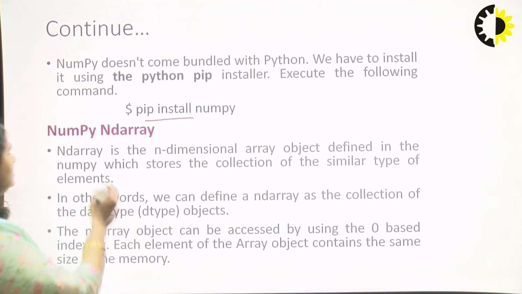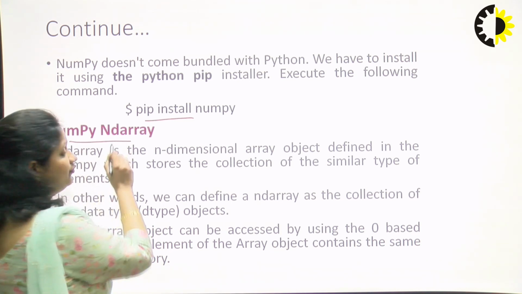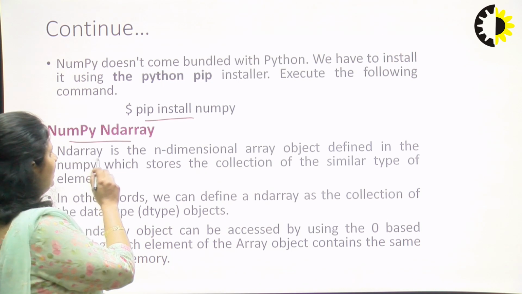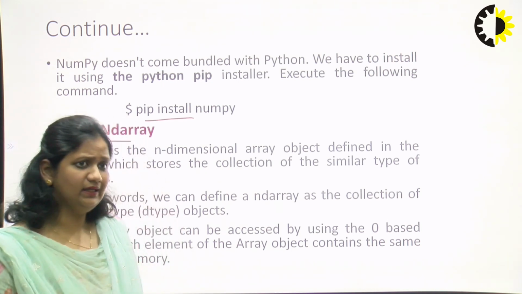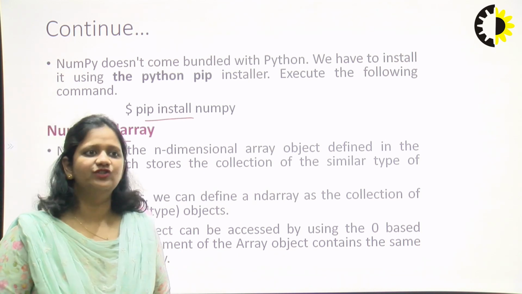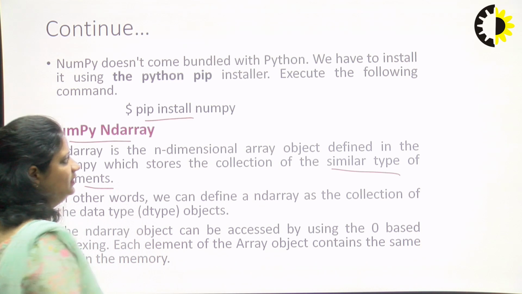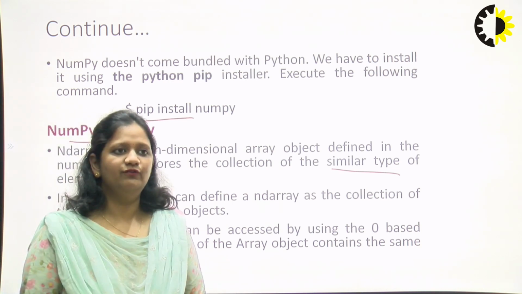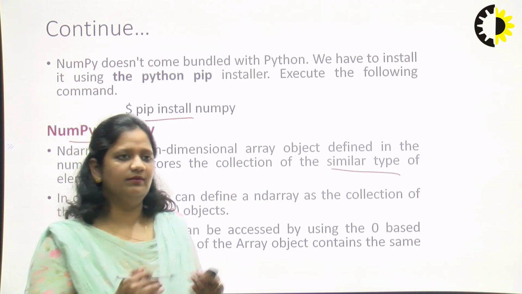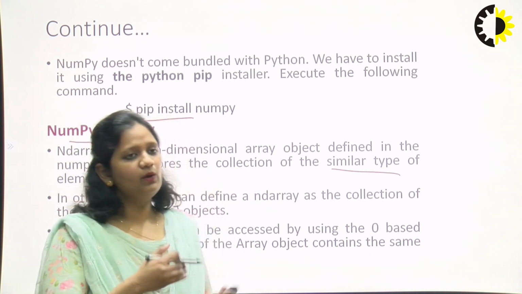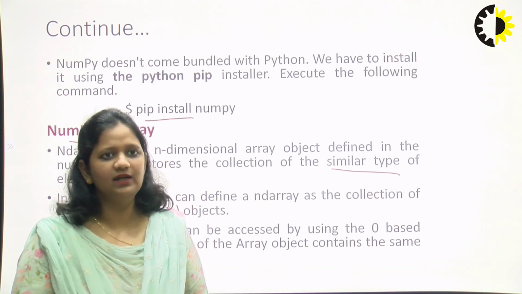So, the NumPy ndarray. ND stands for n-dimensional. The ndarray is the n-dimensional array object defined in NumPy, which stores a collection of similar type of elements. For example, if the elements are of int type, then all the elements would be integers. Others may be float type or character type.